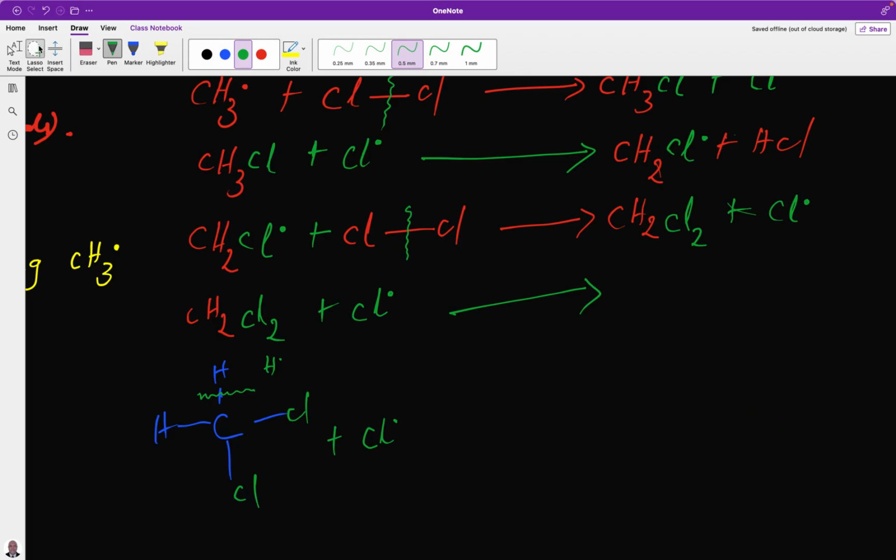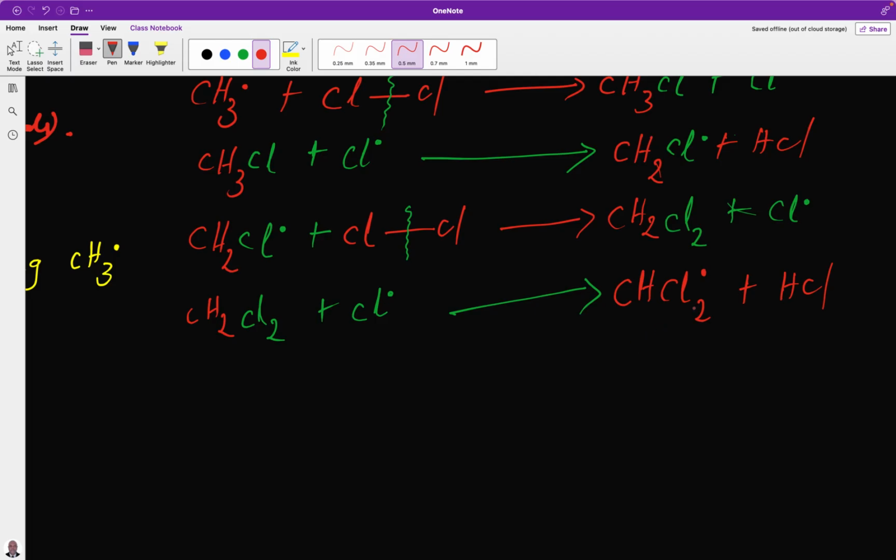So let me clear it off and we continue. So now, the molecule that is formed here will be CHCl2 free radical, a CHCl2 free radical plus a hydrogen chloride.